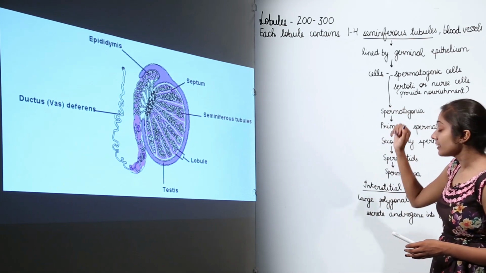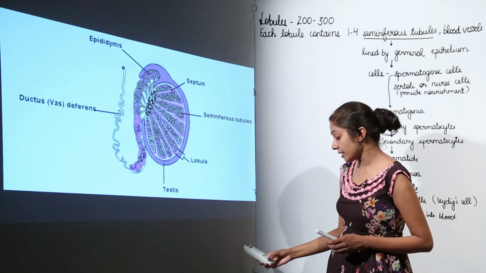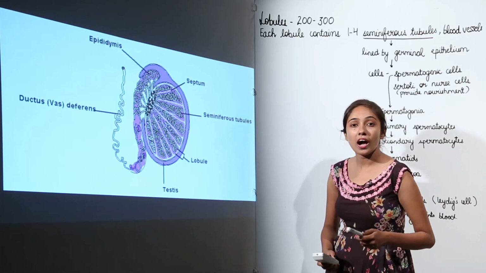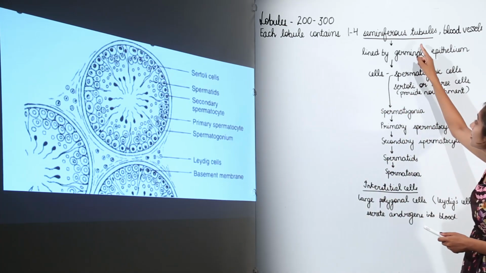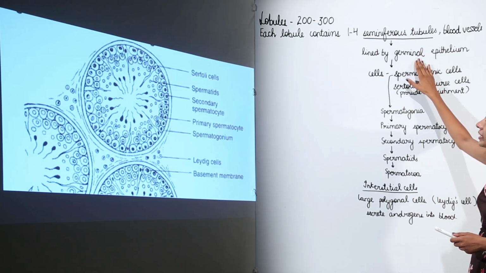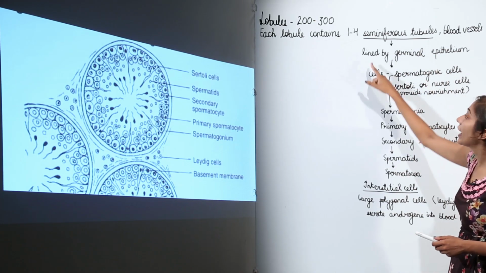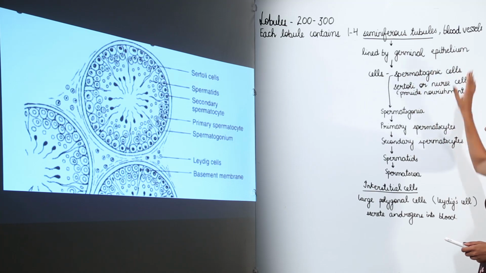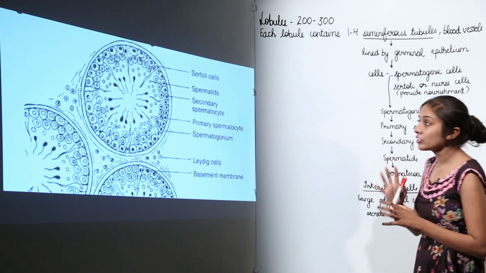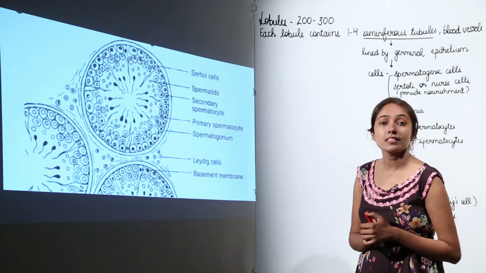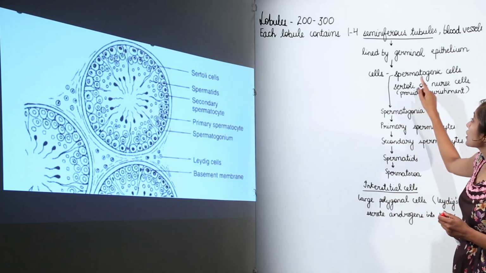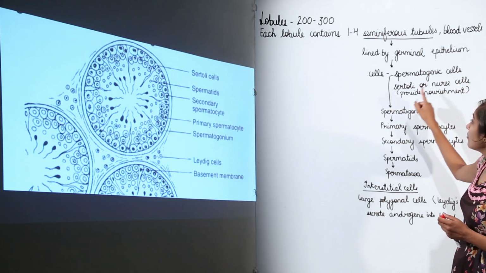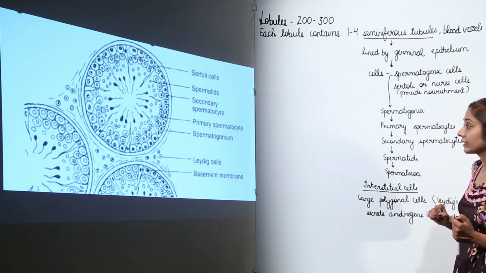Now inside the seminiferous tubules, we will see how spermatozoa are formed. But first of all, just remember that seminiferous tubules are lined by germinal epithelium. Now there are majorly two types of cells in the seminiferous tubules. First of all, we have the spermatogenic cells, then we have Sertoli or nurse cells.